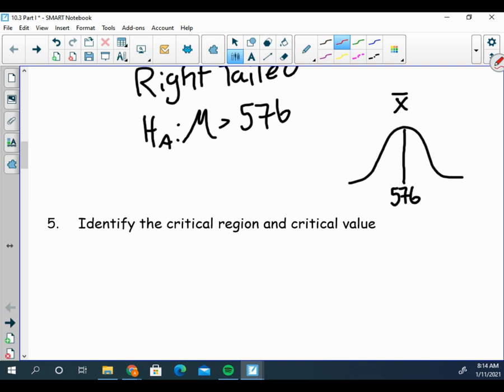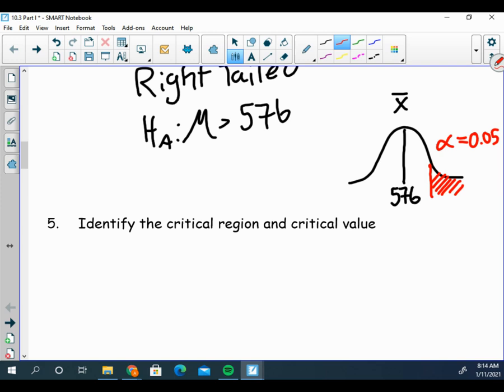For now, we'll start with 5%. So in red, our one level of significance is 5%.